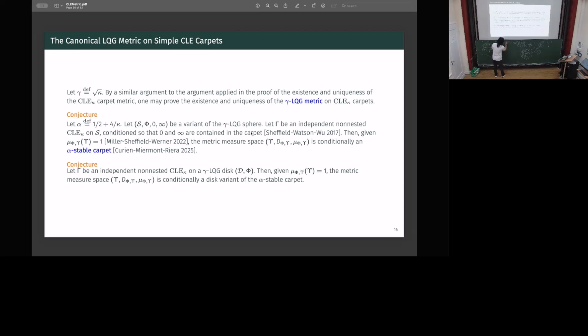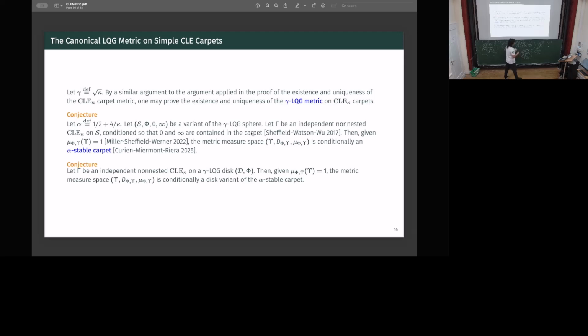So for example, if you first sample a gamma LQG sphere, and this is infinity, and there's also a point called 0 and infinity. And then you can actually sample a CLE on this sphere, but conditioned that the 0 and infinity are contained in a carpet.